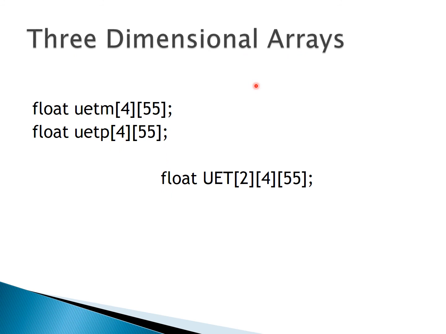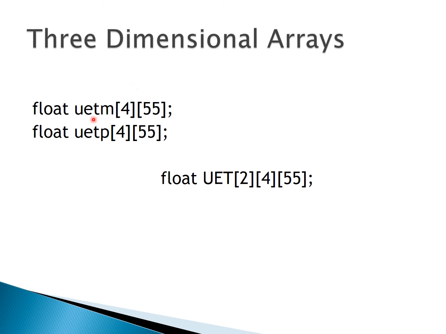For a 3-dimensional array, we will use the same approach. We can group 2-dimensional arrays and we can have one three-dimensional array. For example, the one we used for UETM with 4 departments, if you remember. Let's suppose the same for another university, UETP for example. Now we want two-dimensional arrays.